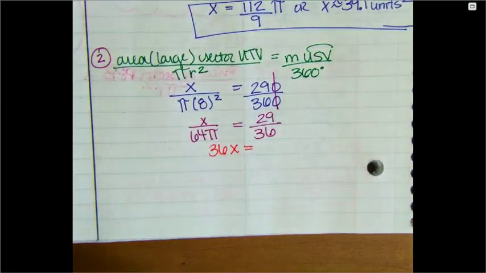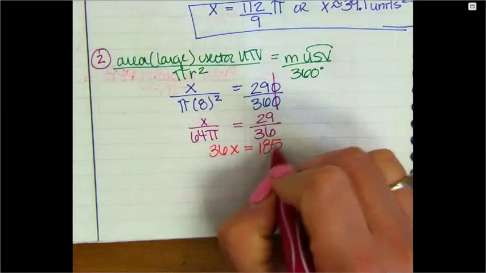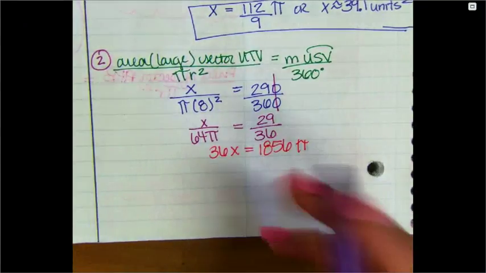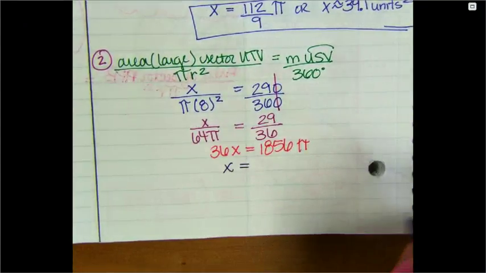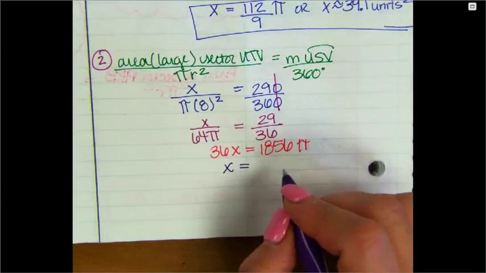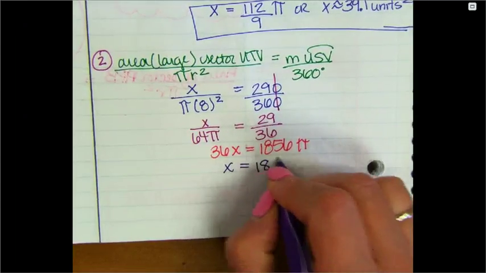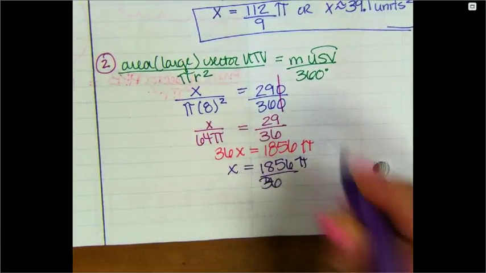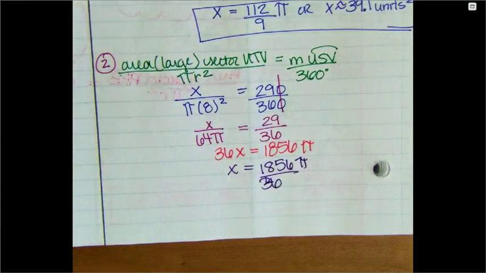36x equals 1,856 pi. And x equals, finish it.